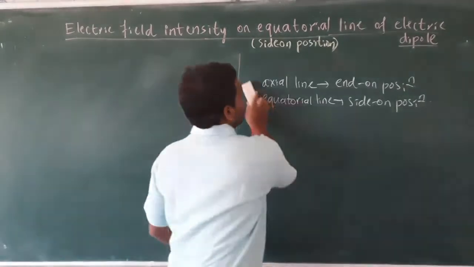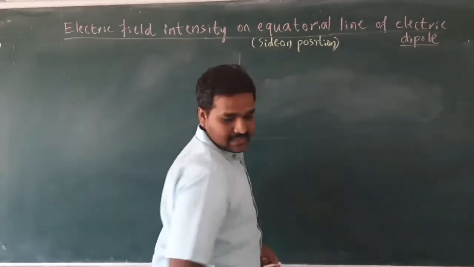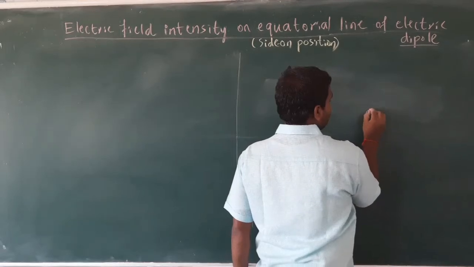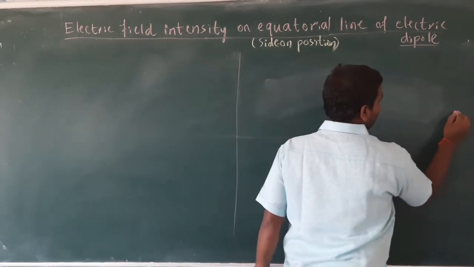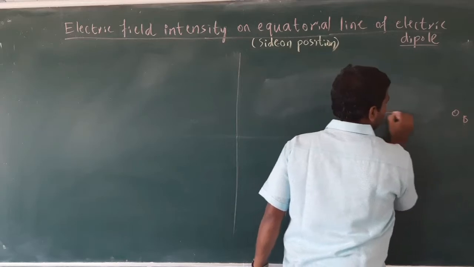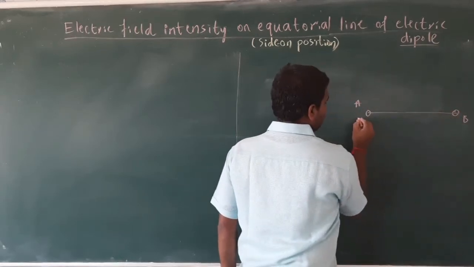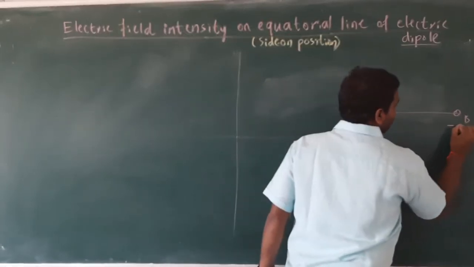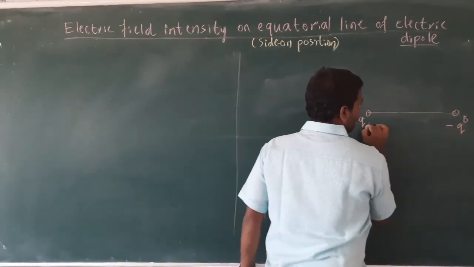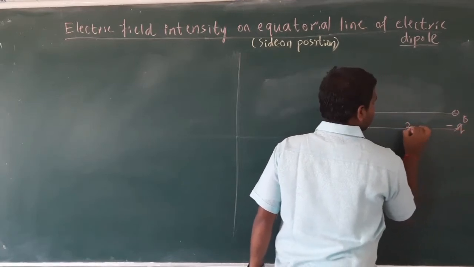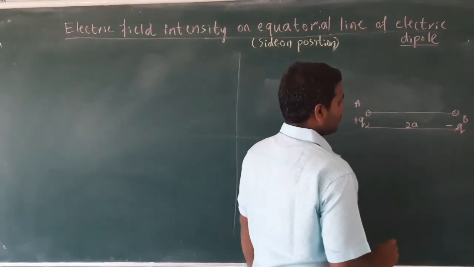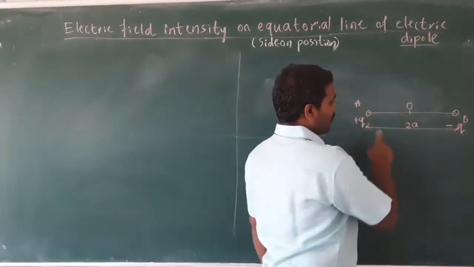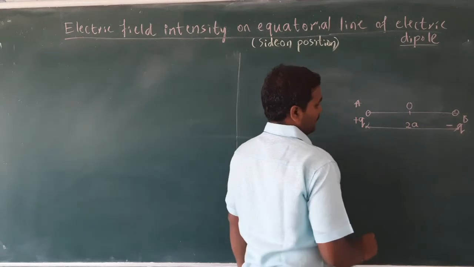Okay. Then let us consider an electric dipole AB. Let us place a charge plus Q at A and minus Q at B. Let the dipole length be 2A, and let us consider O is the midpoint of dipole AB.